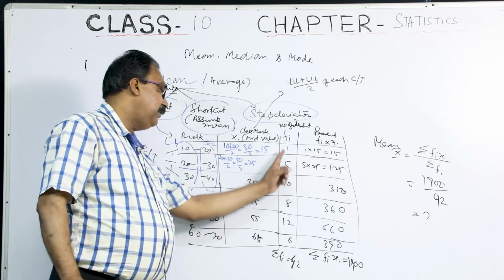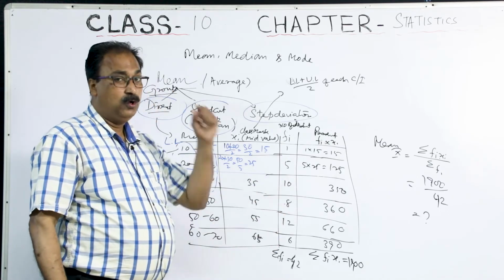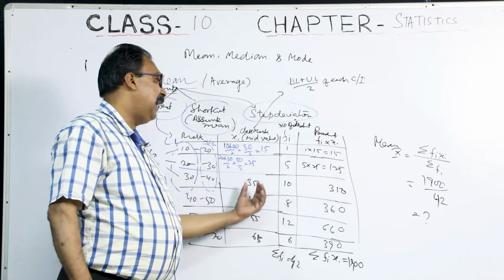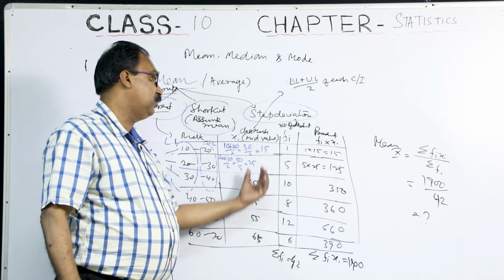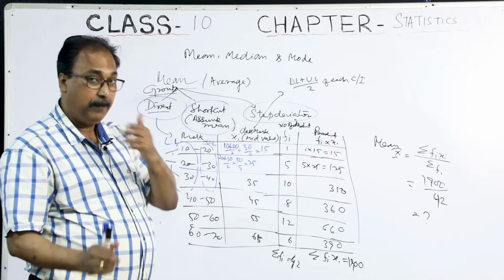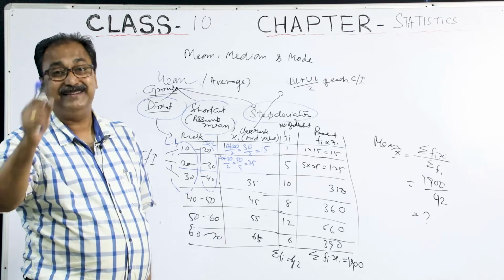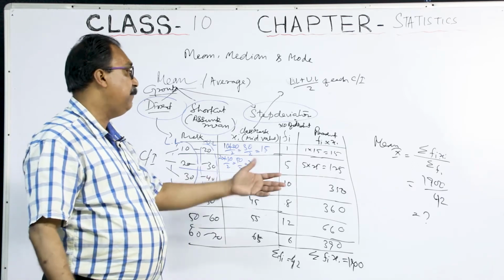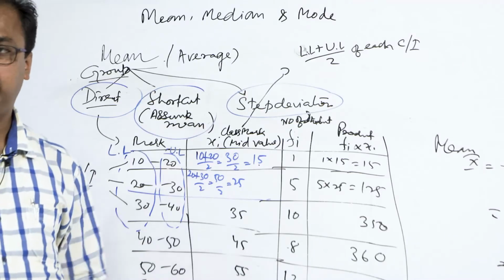Like hardly 1 or 2 digits of frequency and at most 2 digits of class mark. If you have, you can go for direct method, no problem. Until they are not mentioned in the question, do this method. If they are not mentioned, just find the mean, you can afford for this, okay.